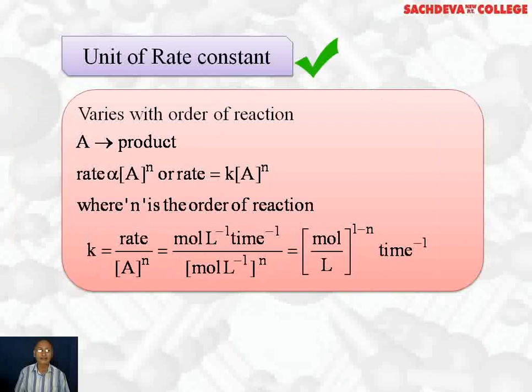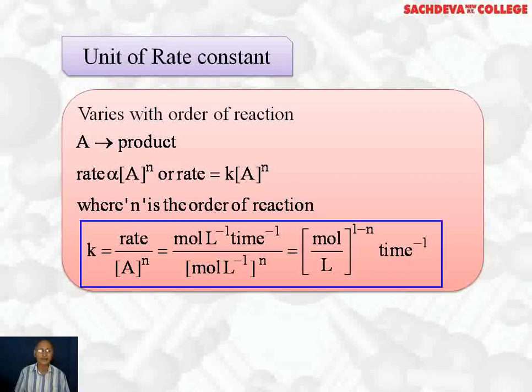Unit of rate constant: the unit of rate constant will vary with the order of reaction. For example, if A is changing to product, the rate is directly proportional to the molar concentration of A raised to the power n, or rate is equal to rate constant k into [A] raised to the power n, where n is the order of the reaction.